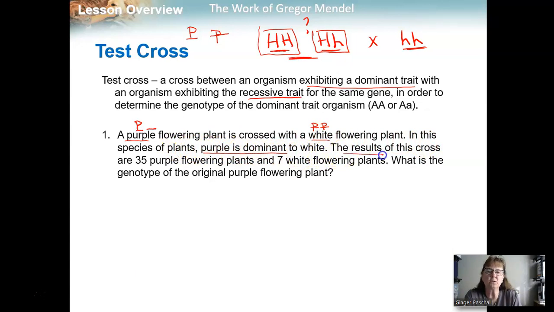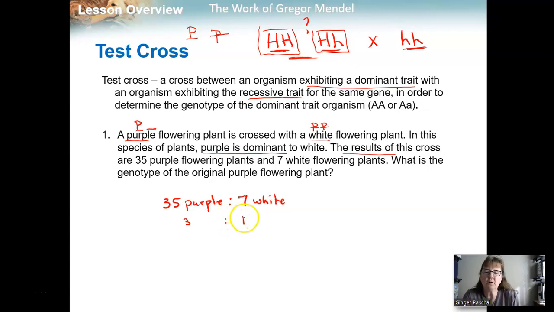The results, we have a 35 purple ratio to 7 white. This looks very close to a 3-to-1 ratio.